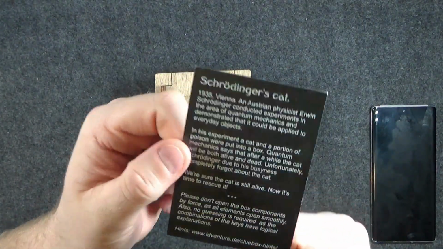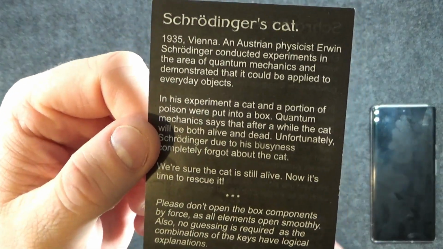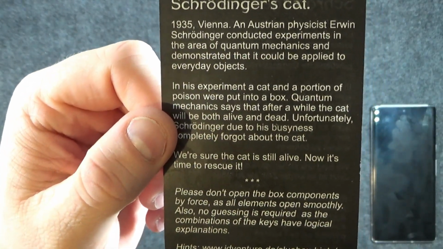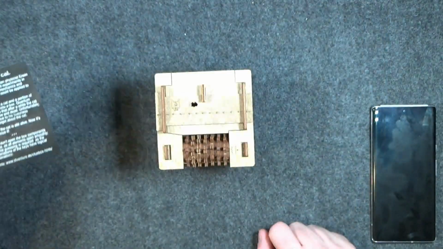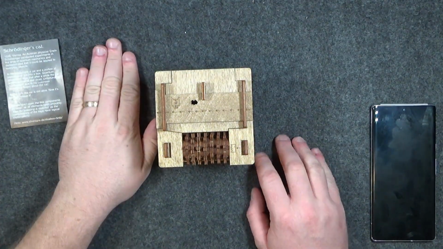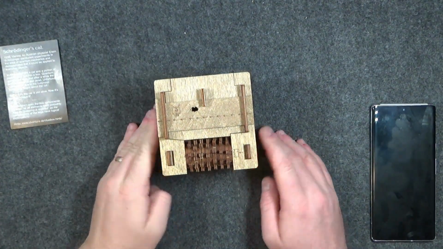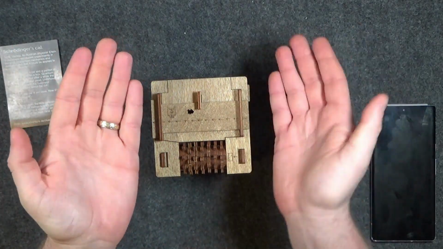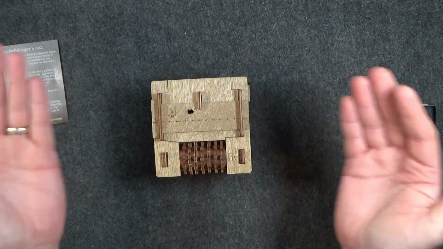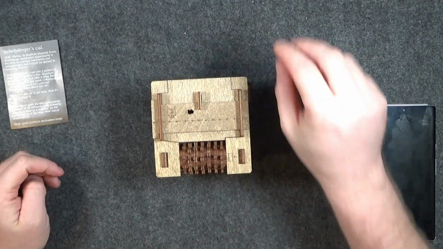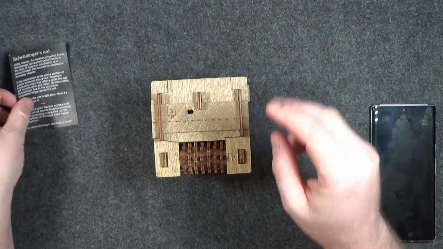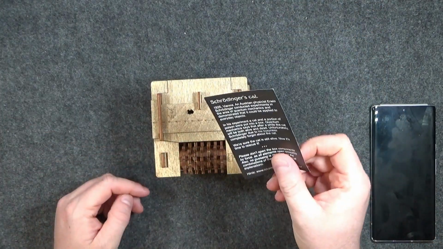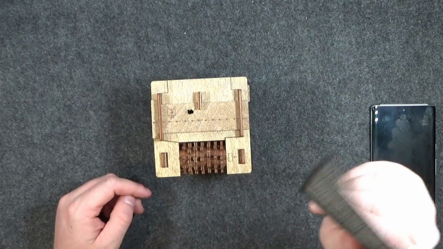That just explains what the whole deal with Schrodinger's cat is, and that's kind of what quantum mechanics is: the particle that you're observing is both in a 1 state and a 0 state at the same time until you actually look at it and find out what state it is in. So we are trying to rescue Schrodinger's cat.